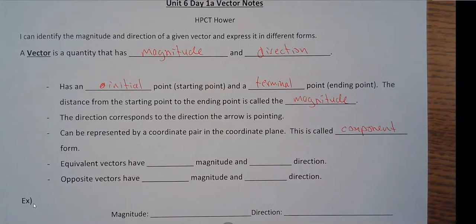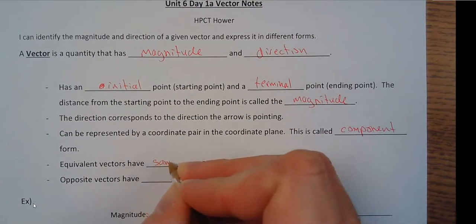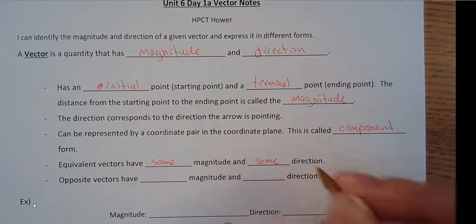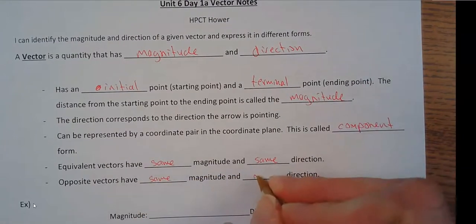Now, equivalent vectors don't have to be drawn in the exact same place, but they have the same magnitude and same direction. Opposite vectors will have the same magnitude but opposite directions.